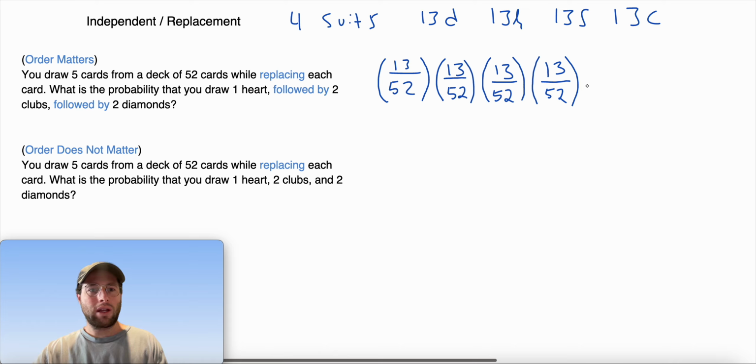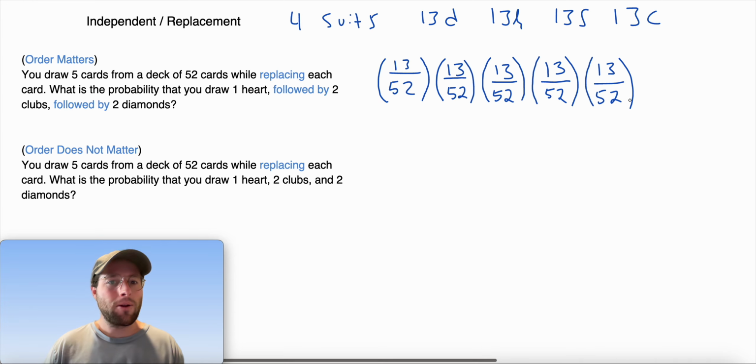And then we want to draw a diamond again, so again we're going to have 13 over 52. And that right there will give us the probability of drawing 1 heart followed by 2 clubs followed by 2 diamonds when we're replacing each card that we draw.